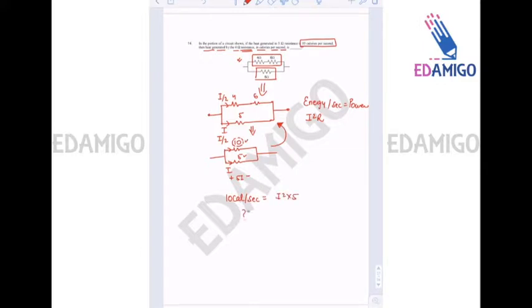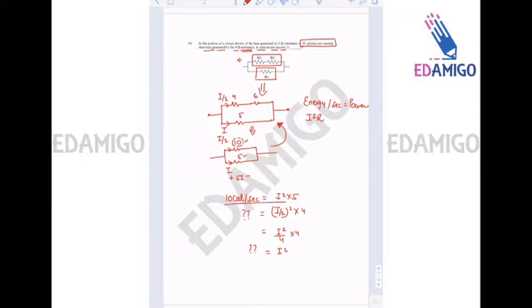And we have to find the heat dissipated through the 4 ohm resistance, that is current square, which here is I by 2 whole square multiplied by 4, that is I square divided by 4 multiplied by 4, that is I square. So we have to find the value of I square.